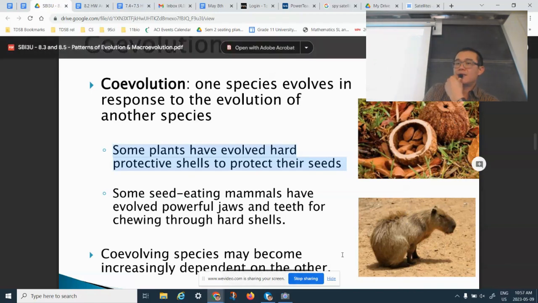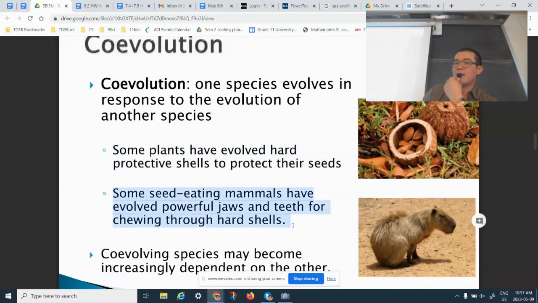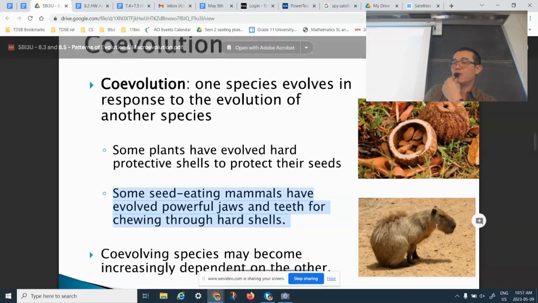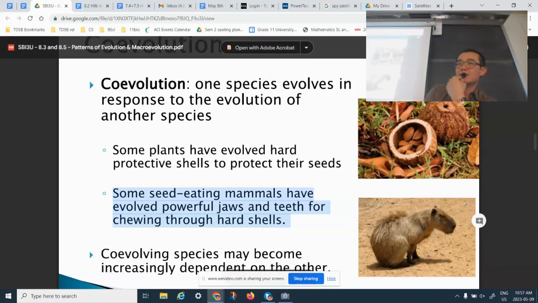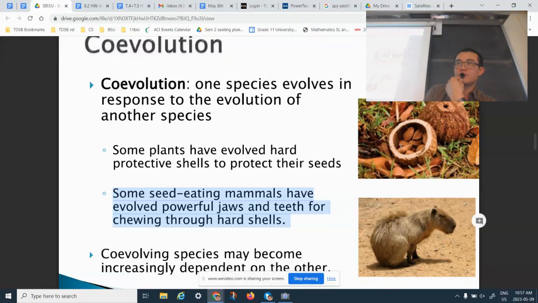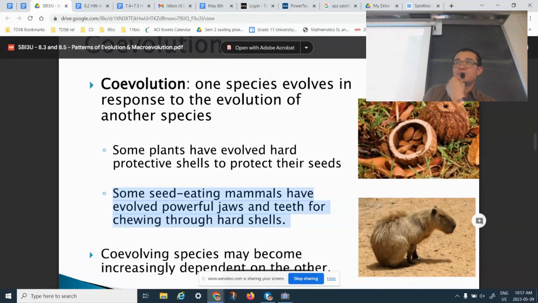And in this case, let's just say this little guy here. Some seed-eating mammals would develop or evolve more powerful jaws and teeth specifically to chew through those shells. Okay, so in this case, this species benefits from it, and this one is being harmed by it. Technically it's herbivory.